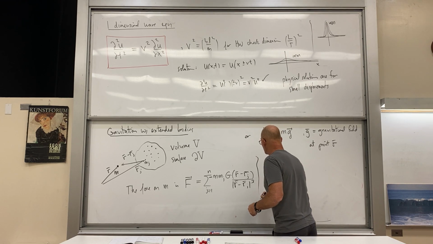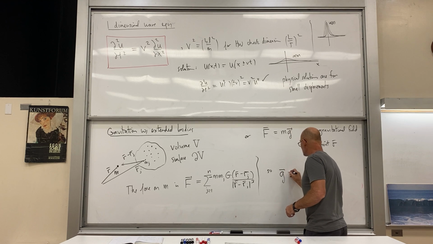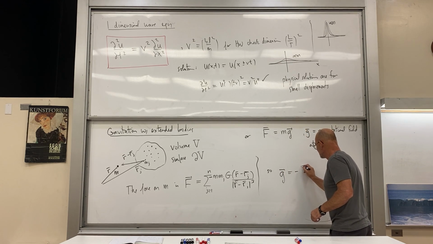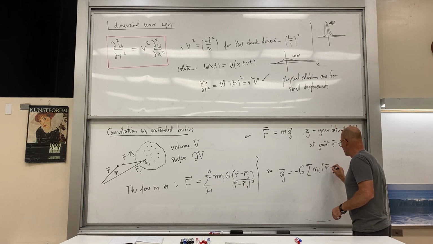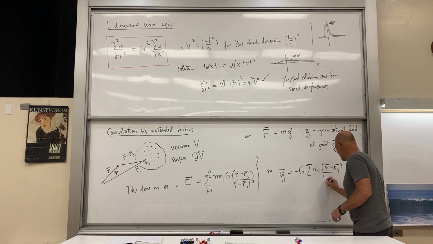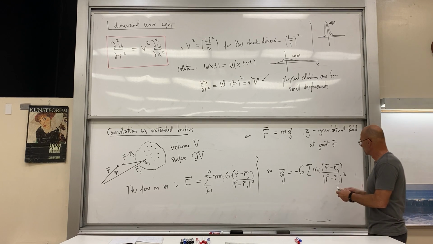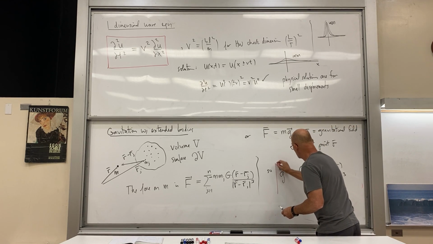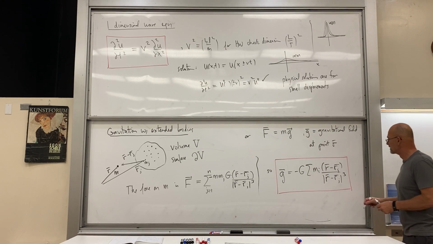So we would say that g at point R is equal to minus G sum over m sub j, R minus R sub j vector divided by the magnitude of R minus R sub j cubed, j equals 1 to n.